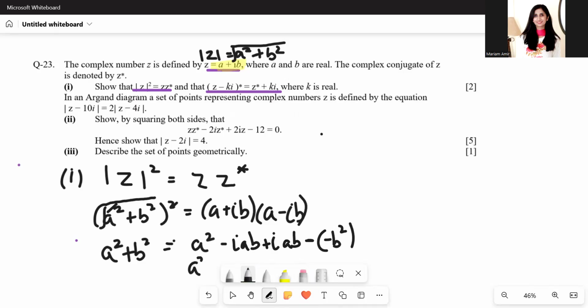So we're getting a squared plus b squared here as well. Hence proved, left hand side equals right hand side.